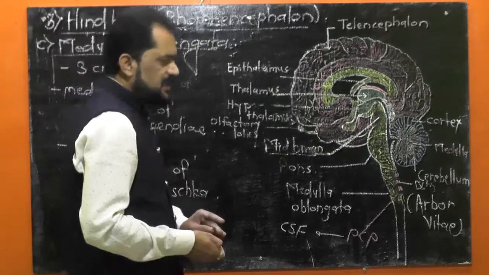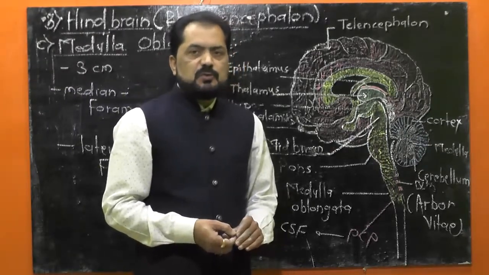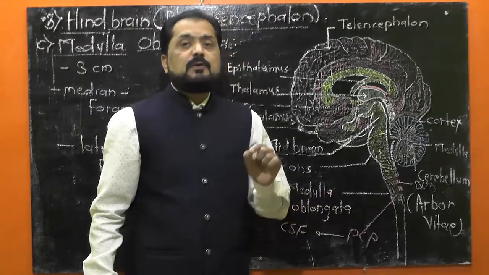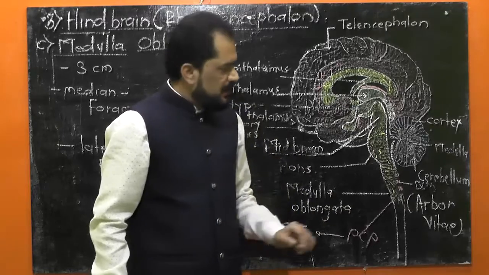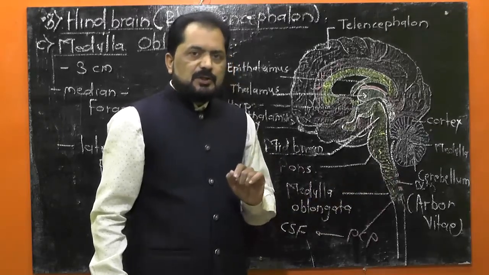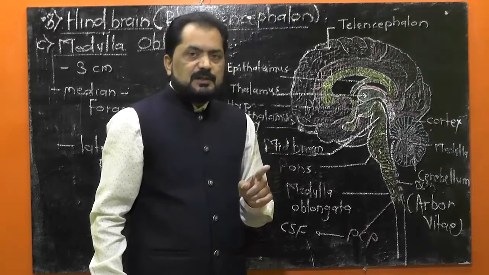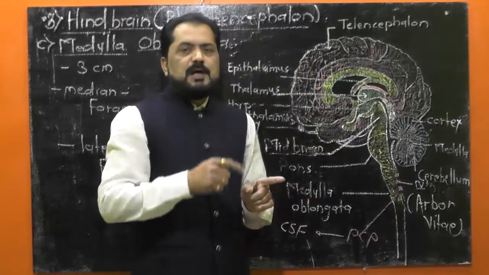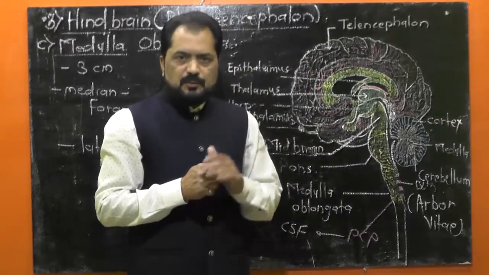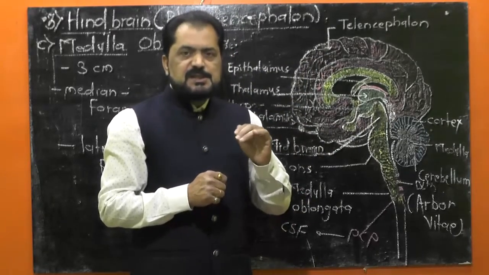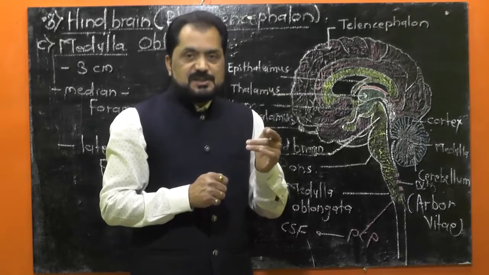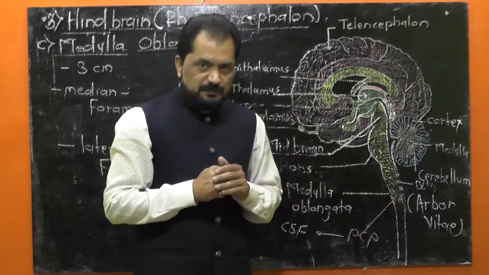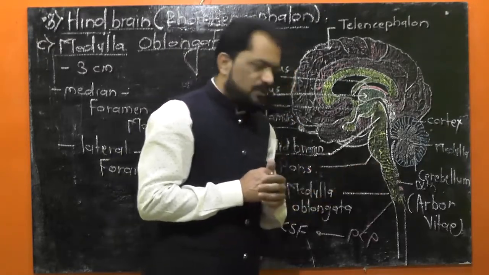These openings facilitate the passing of cerebrospinal fluid from fourth ventricle into the subarachnoid space. Try to understand, the function of these openings is to let the cerebrospinal fluid in the fourth ventricle pass into the subarachnoid space. You know subarachnoid space? It's a little space present in between middle meninx, that is arachnoid matter, and innermost meninx, that is pia matter. So here we have discussed about the medulla.